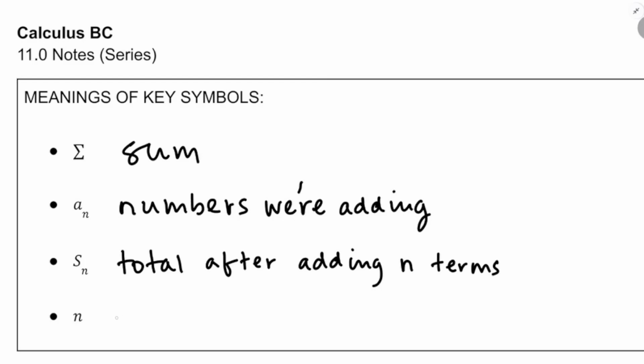And n is the index. And n is a number that kind of just marches forward by one each time. Oftentimes it starts at one and it's one, two, three, four, up to some point or all the way up towards infinity. But it doesn't have to start at one. And the index is what makes computer science students think that these series feel a lot like for loops. I took very little computer science in my educational experience, but I took enough to understand how they're similar.